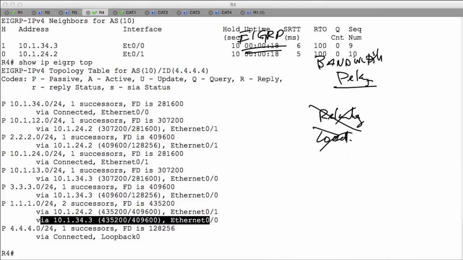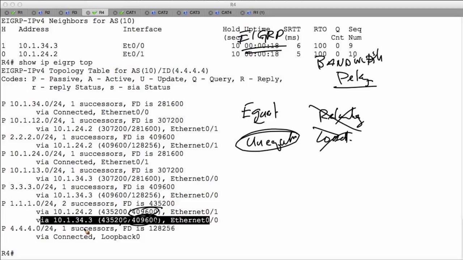Now, we also have to understand that EIGRP supports load sharing. It does equal cost load sharing and it does unequal cost load sharing. Notice that we only load share in scenarios where our metrics match, so the values are identical and we use them equally.